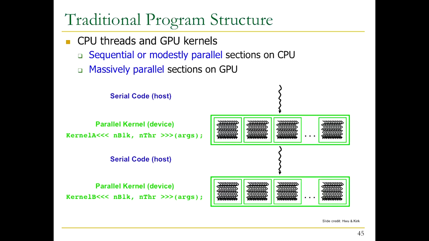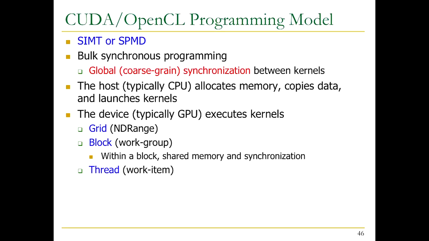The only way to synchronize these thread blocks is to terminate one kernel. There might be some fancy ways of doing that, but in principle, in the CUDA and in the OpenCL programming model, if we want to synchronize different thread blocks, we need to terminate a kernel and launch a new kernel. So that's what we call coarse-grained synchronization.